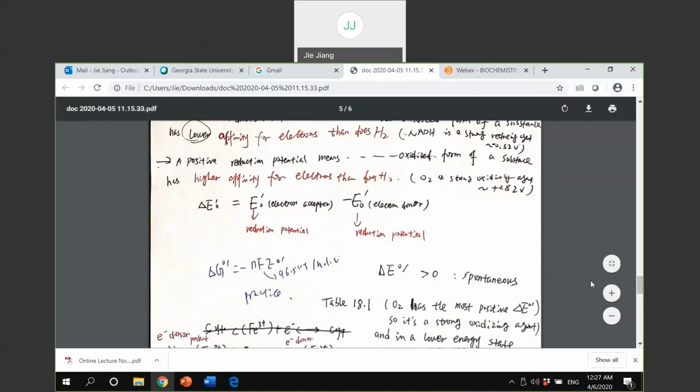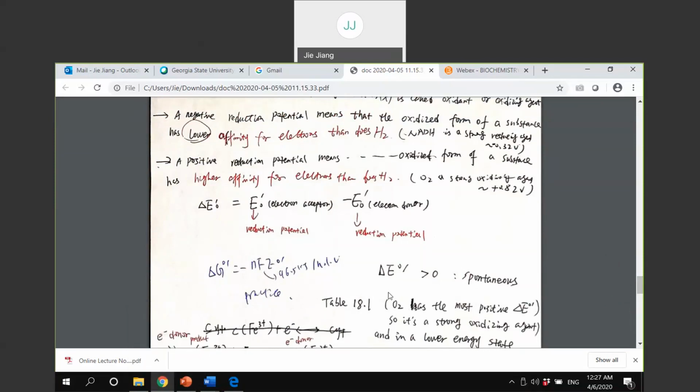Okay, so there is a table in 18.1. It shows you the cell potential for some of the cofactors, some of the molecules.